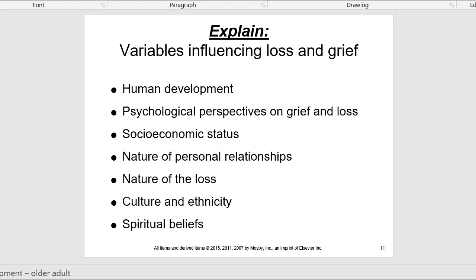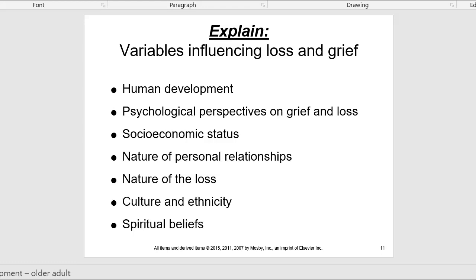But again, in some cultures, it might be less open than our typical American culture. Some variables that influence loss and grief. We have several here. The first is development, the developmental stage of the patient or the individual.